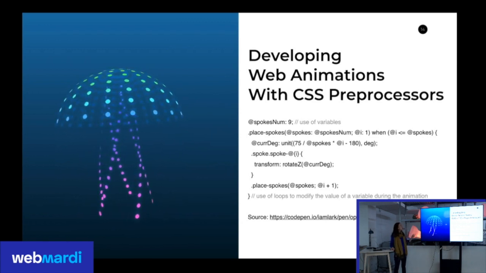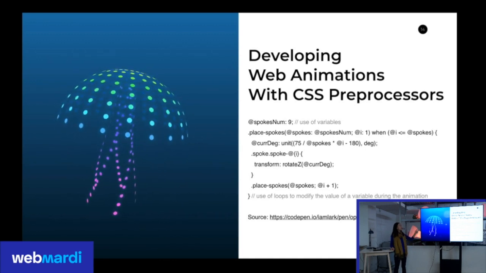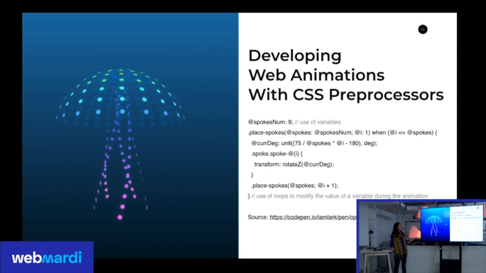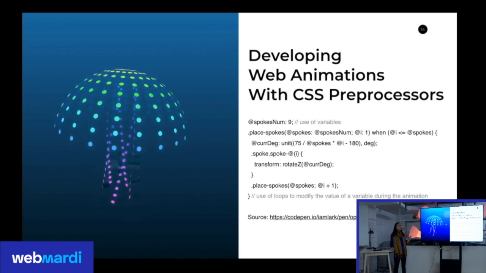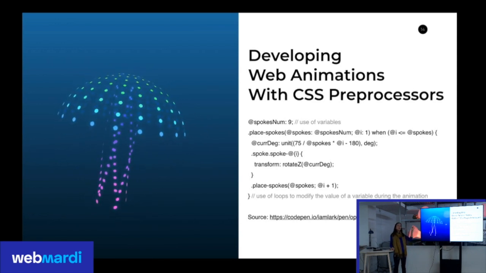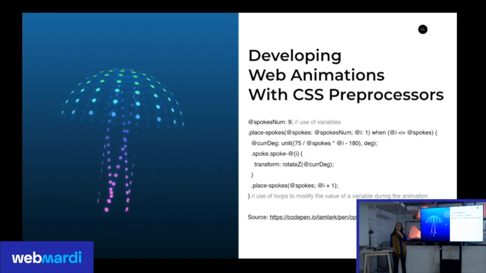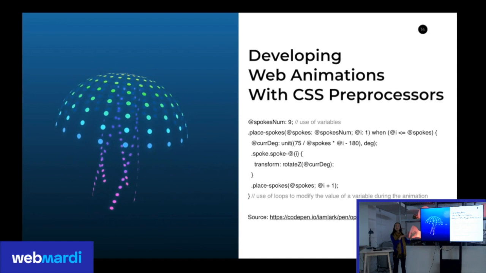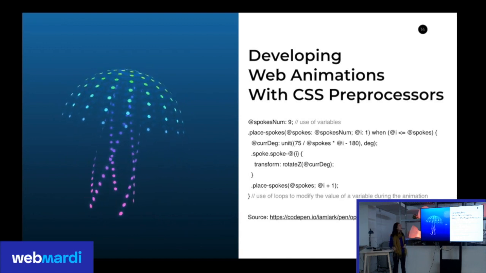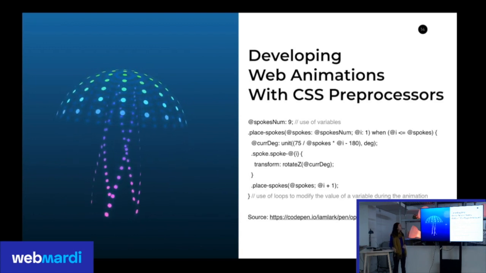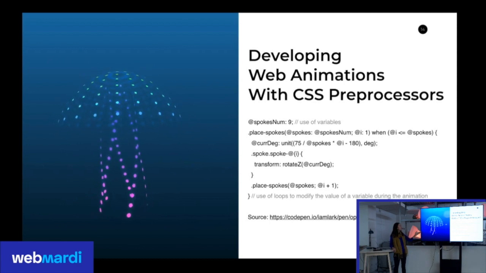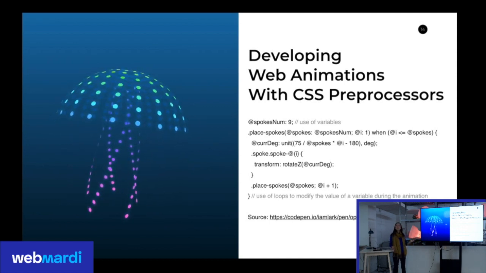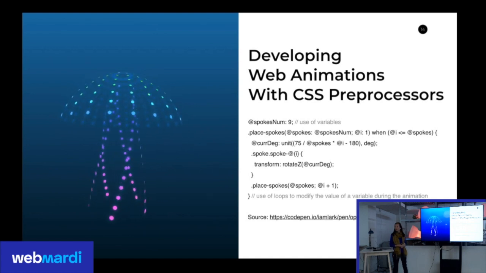You can use loops to change the value of a variable, for example. And you can also use what they call mixins. So you create your animation, and then you include it in other parts of your website. You create it once, and then you use it in other parts of your website. So this is made with, again, a CSS preprocessor, and you don't need, for example, JavaScript to do this.